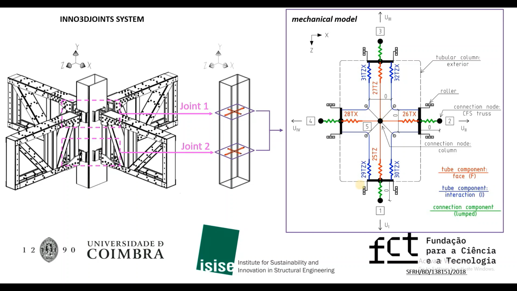The mechanical model incorporates 3 types of components. In green, representing the connection components, in red, representing the tube components responsible for face deformation, and in blue, representing the tube components responsible for the 3D interaction between the faces of the tubular column.